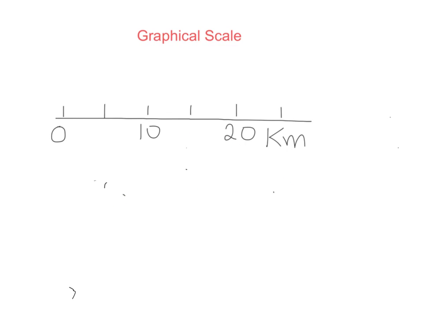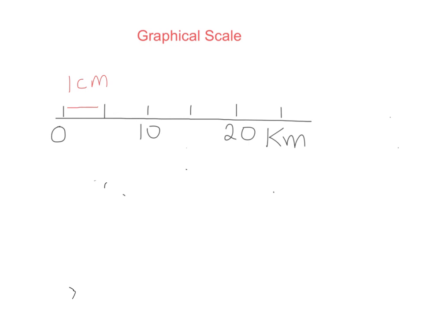With the graphical scale, you first read the scale and see that each one of these intervals is 5 kilometers. Then you place your ruler and read the distance between these 2 measurements. Usually that is going to be 1 centimeter.